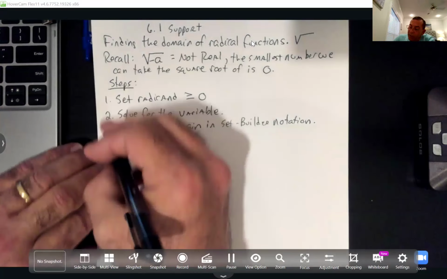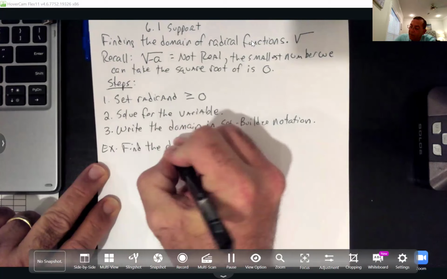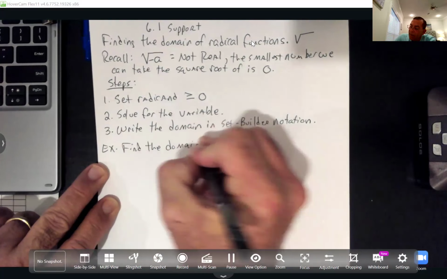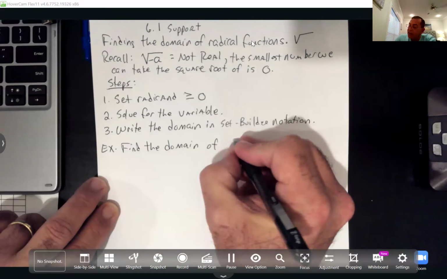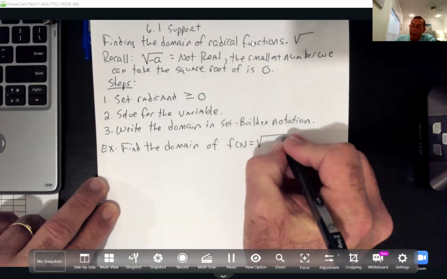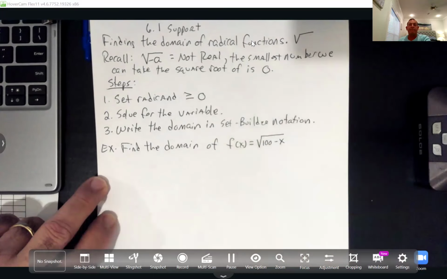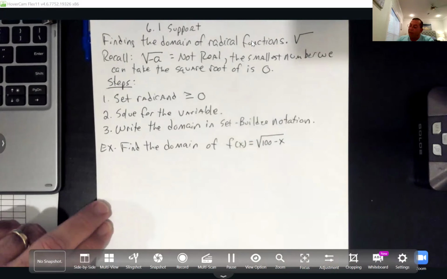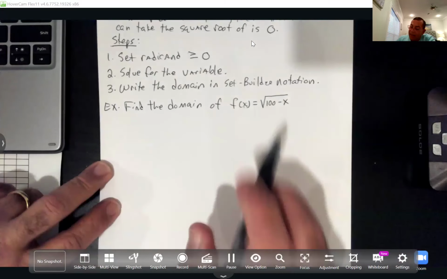So for this first one, they want me to find the domain of f of x equals the square root of 100 minus x. All right, so my radicand for this one will be the 100 minus x.